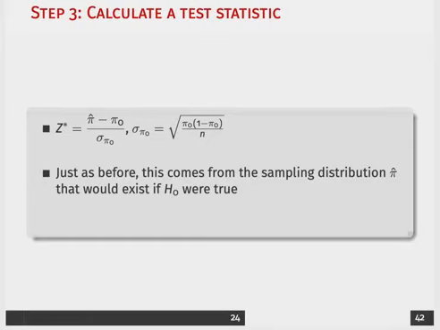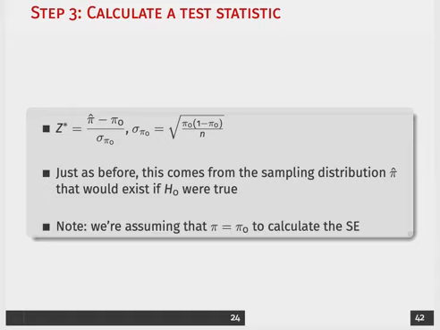But just as before, this is coming from the sampling distribution of the proportion given that the null were to be true. So in this example, maybe the null is equal to half. But again, notice that we're using mu naught here to calculate the standard error.